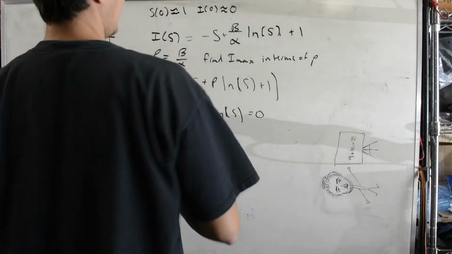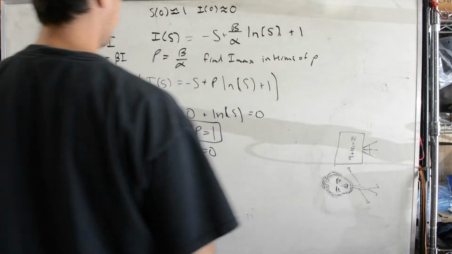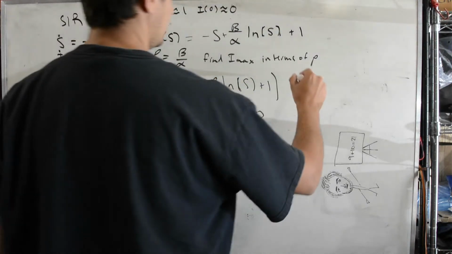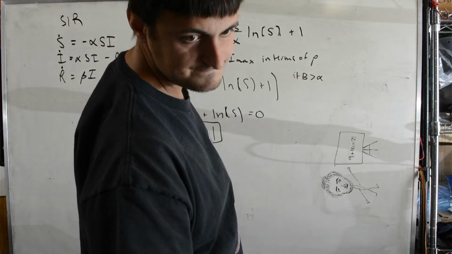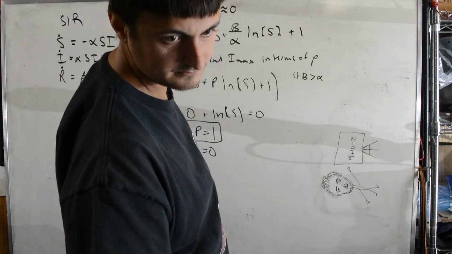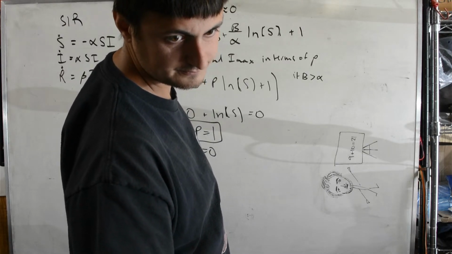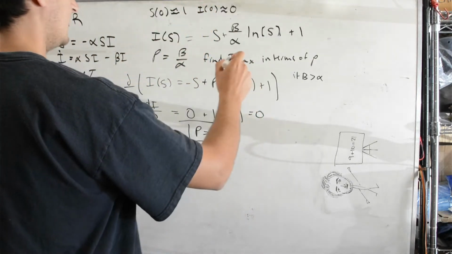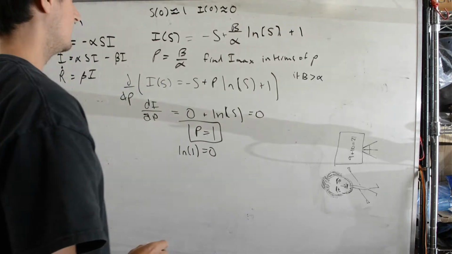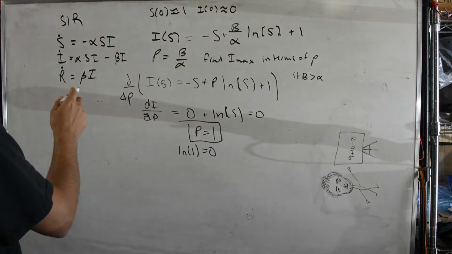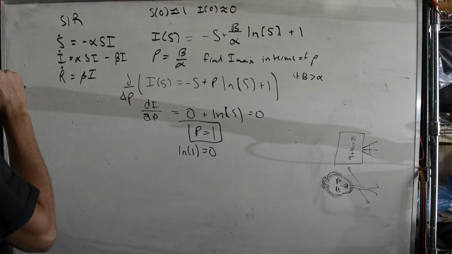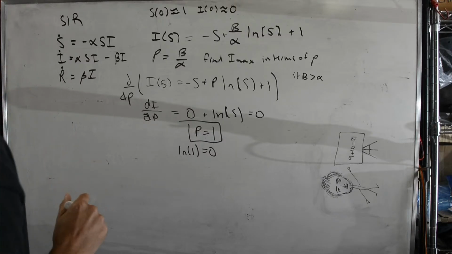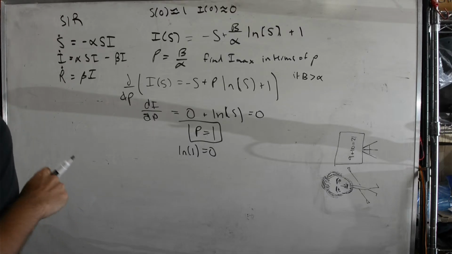Okay, so if beta is greater than alpha, then this is greater than 1.